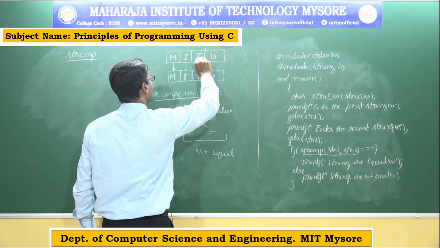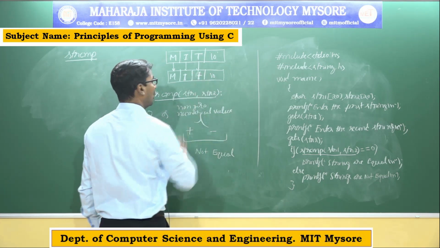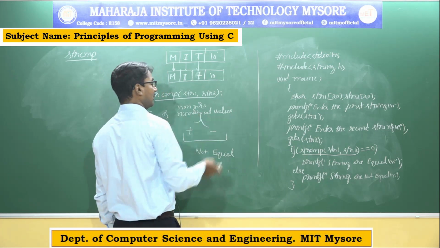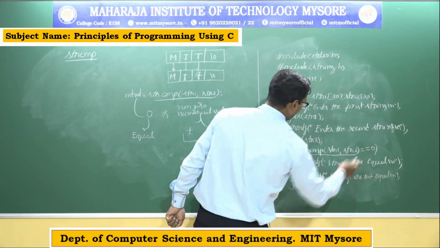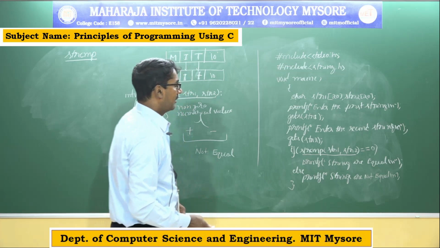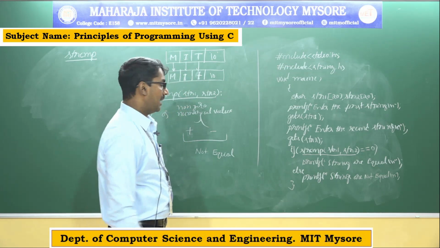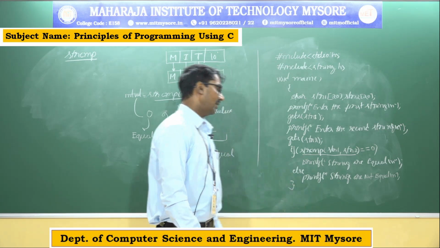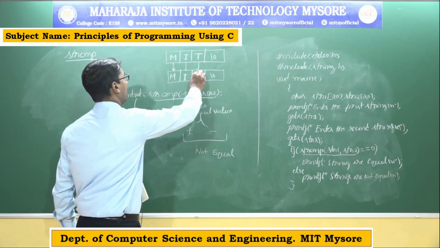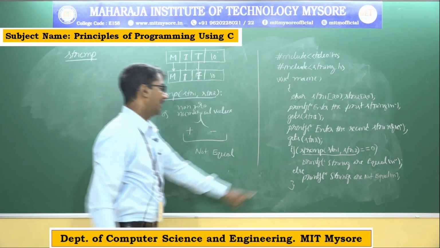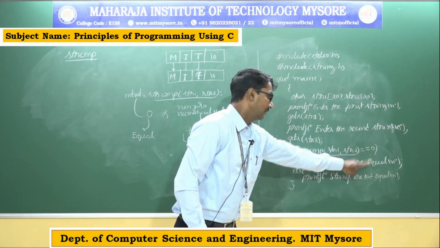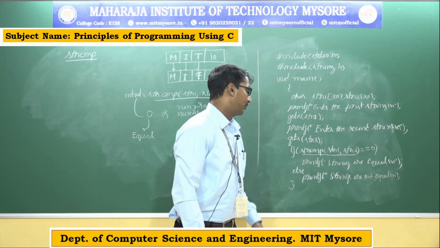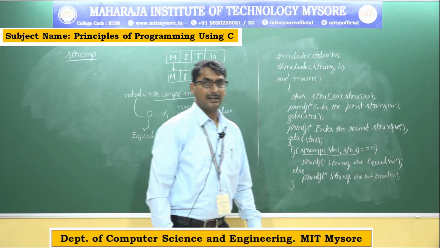The capital T ASCII value is less than the small t value, so the difference is negative and it returns the negative difference value. Then it will display strings are not equal. If it is a capital T, the difference is 0, it will return 0, the condition is satisfied, and it will display the strings are equal.